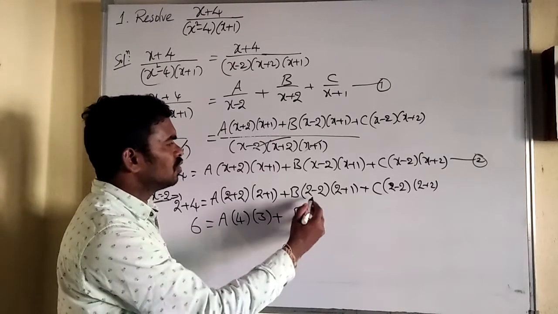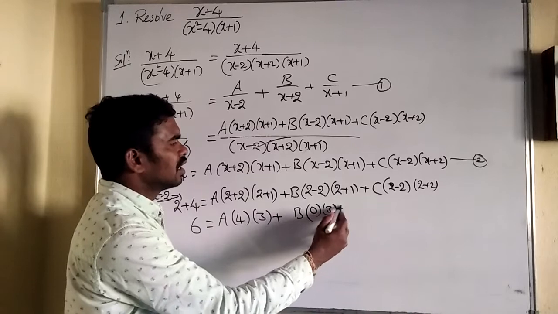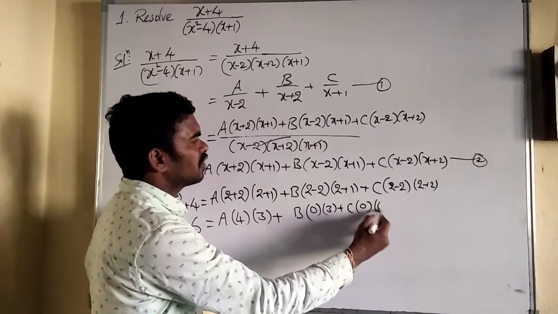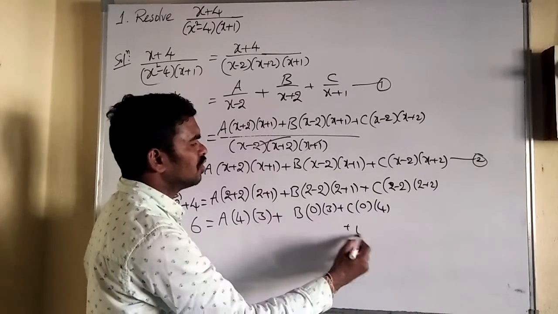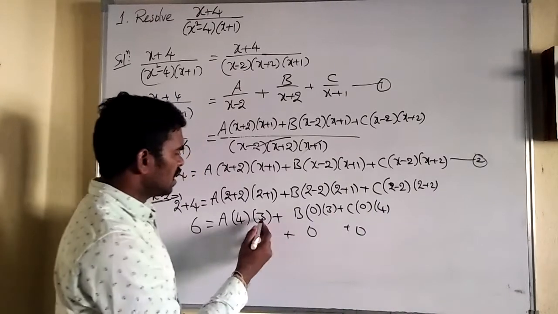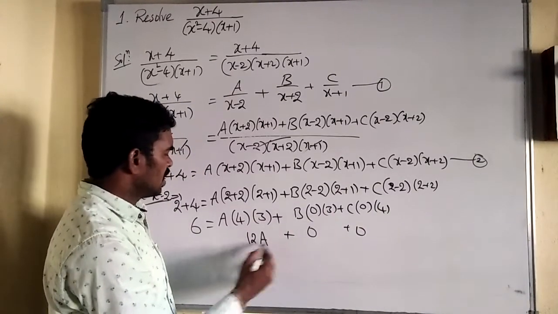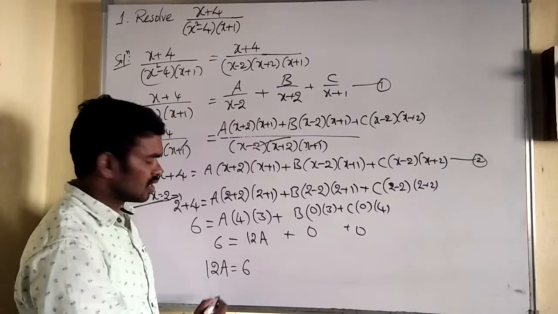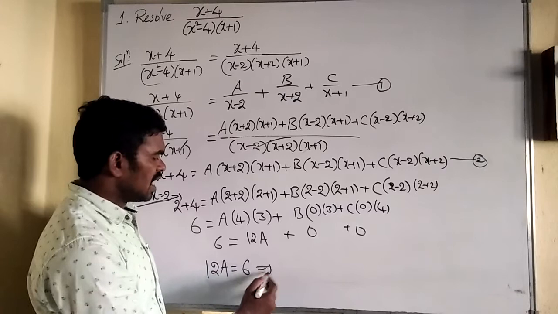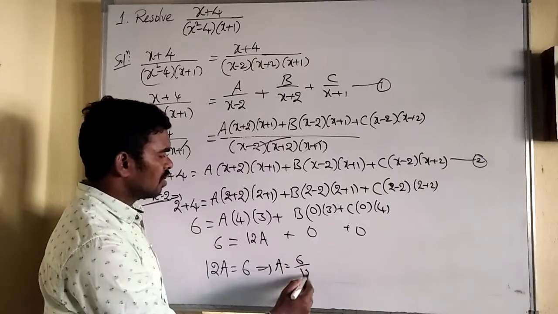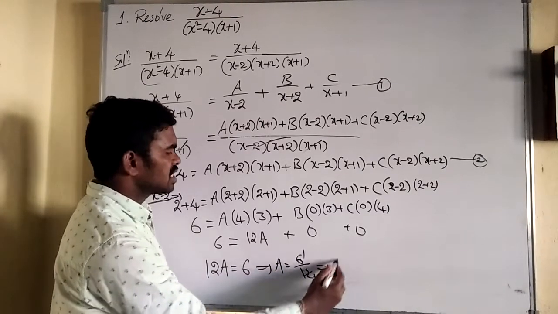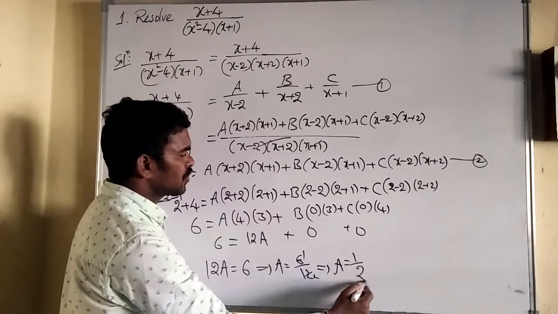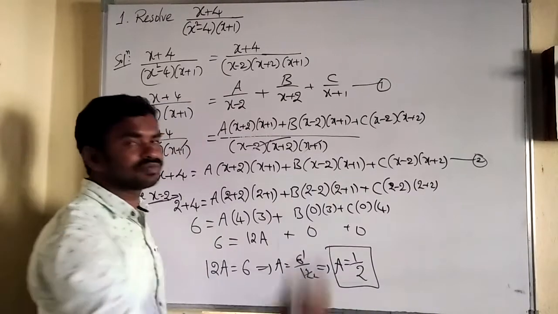So B into 0 into (2 + 1) is 3, plus C into 2 − 2 is 0, 0 into 4 is 0. So 0 into something is 0, 0 into something is 0. Here 3 fours are 12, so 12A = 6. That means 12A equal to 6. Okay, then A equals what? 6/12 means 6 ones are 6, 6 twos are 12, so A = 1/2. So we got the A value.